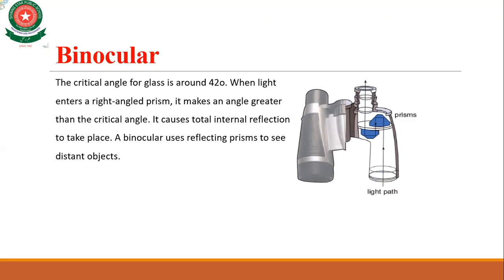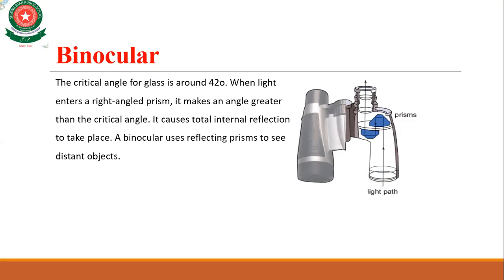Whenever light rays enter, they first strike the first face of the right angle prism, then reflect again, and after about two to three reflections, they come out of the prisms and show you the objects which are far from you.